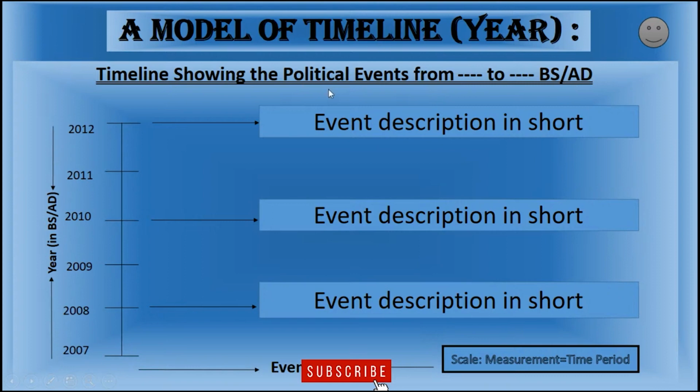So when you are preparing a timeline, the first thing you have to do is what? You have to include the title in this way, and after the title you draw a single line or double line, that is your choice. So the first component of the timeline is what? Title. After the title, another very important thing is this vertical line.